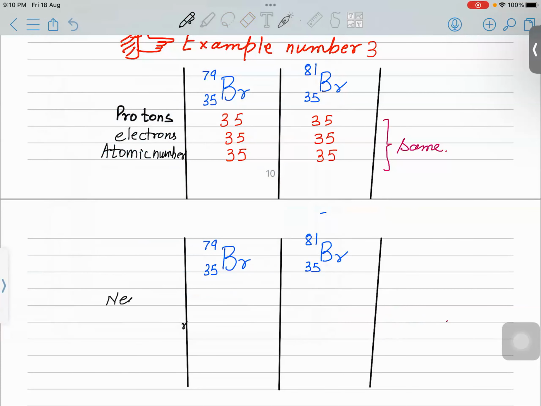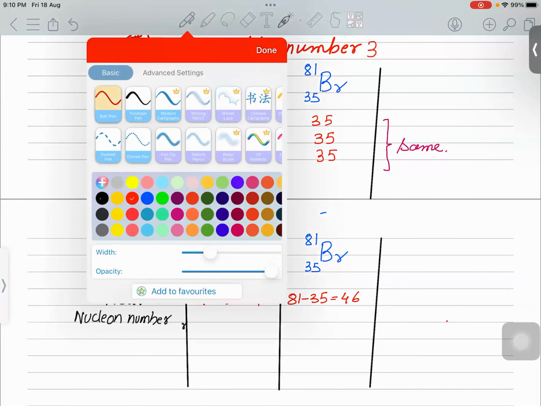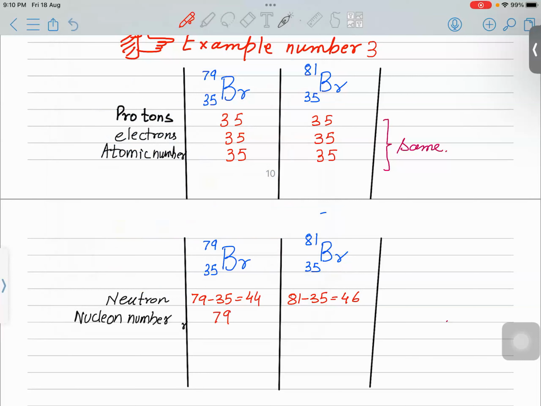For neutrons, 79 minus 35 is 44, and 81 minus 35 is 46. So both are different. And Beta, what about the nucleon number? The nucleon numbers are 79 and 81. So again, different.